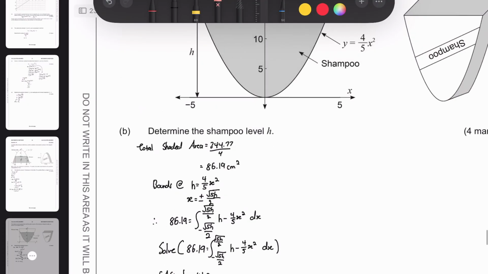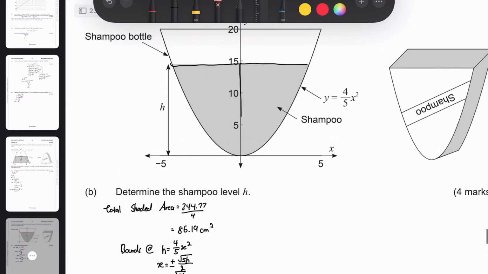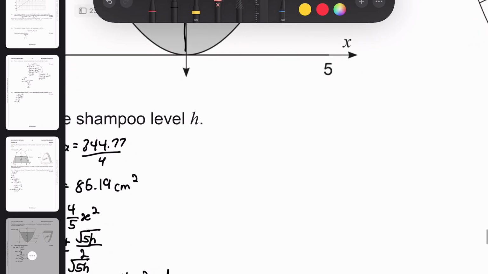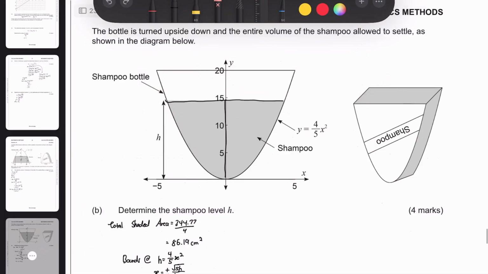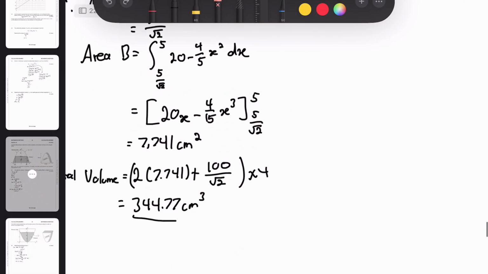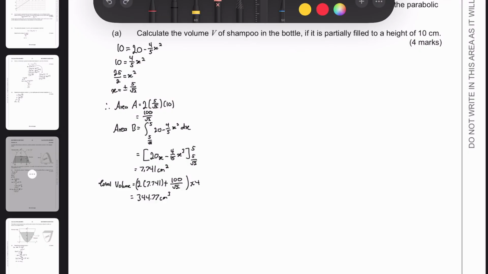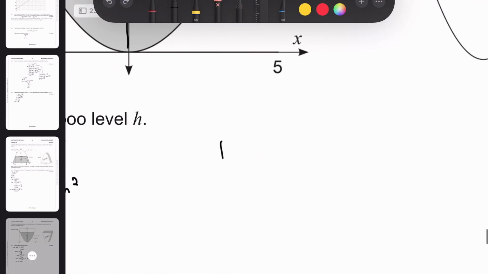Another way you could have done it is taking half of the area. It's going to be a bit rough actually, since we used a rounded figure. But if you did it with the exact volume, it seems like the exact volume was 1600 minus 400 square root of 2.